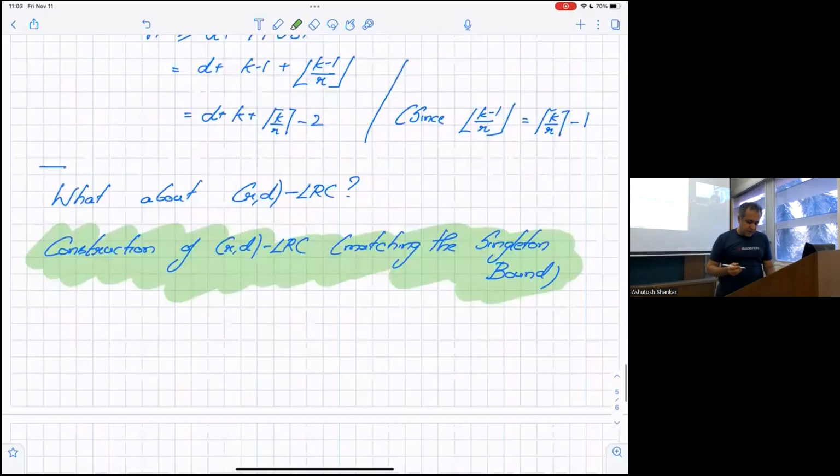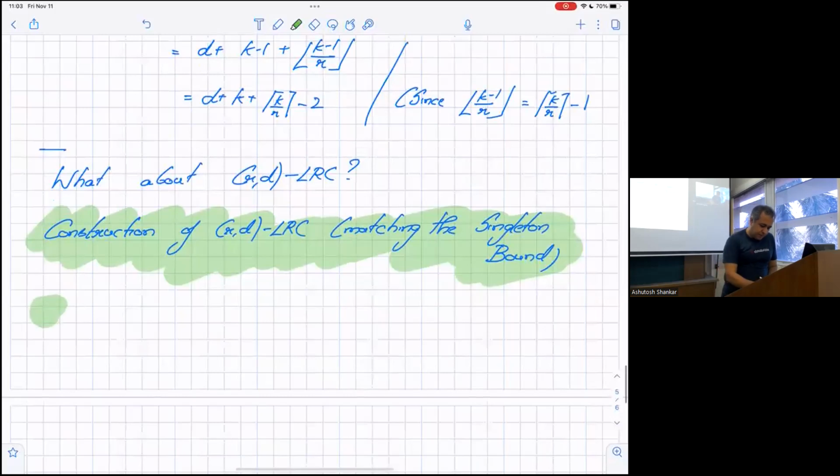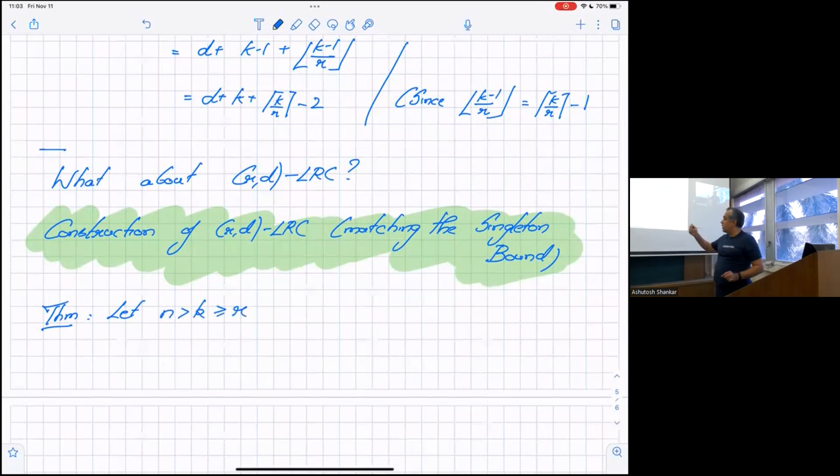So basically, the theorem which we will do is the following. Let n be greater than k, which is greater than or equal to r. So I want to get locality r, which is strictly smaller than k, and let q be a prime power.